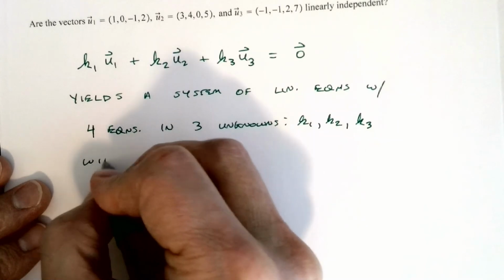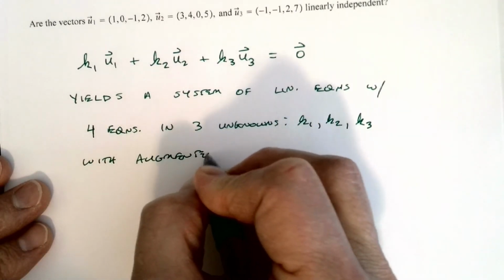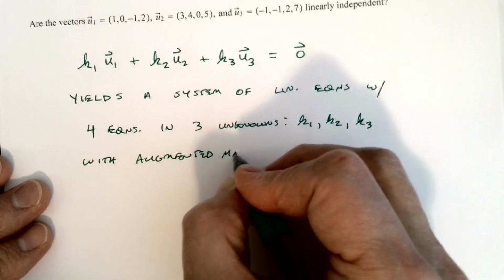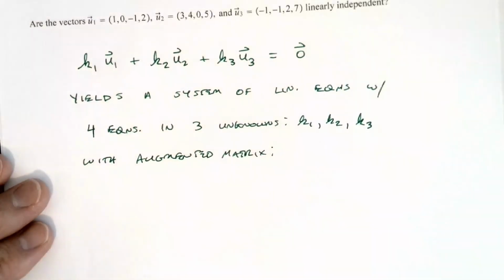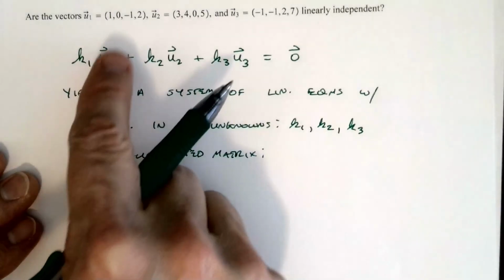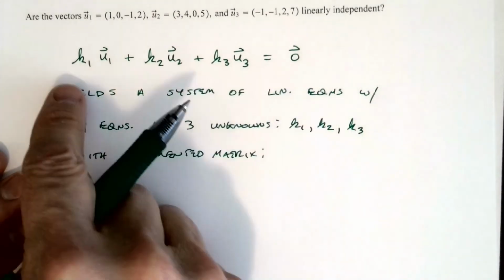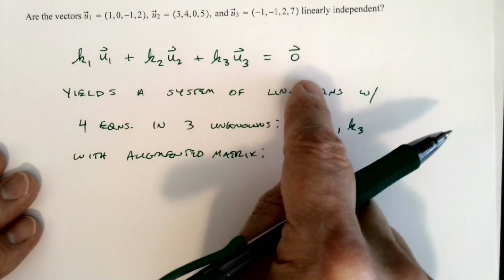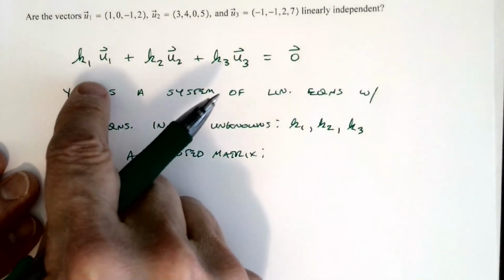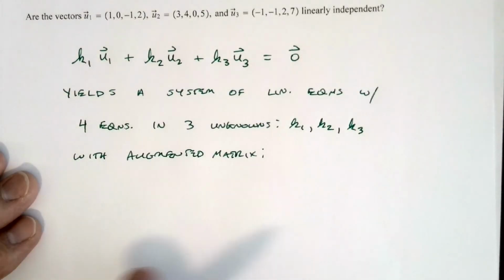And I'm going to go right to the augmented matrix to solve the system. So I'm going to let you see if you can come up with this augmented matrix. Again, you'll plug in u1, u2, u3, you'll distribute the K1, K2, and K3, and then you'll equate the first components, set them equal to 0, then the second components, set them equal to 0, and that will give you your 4 equations in the 3 unknowns.